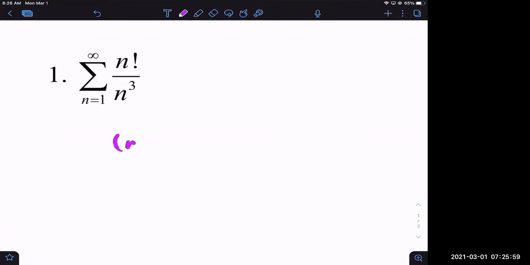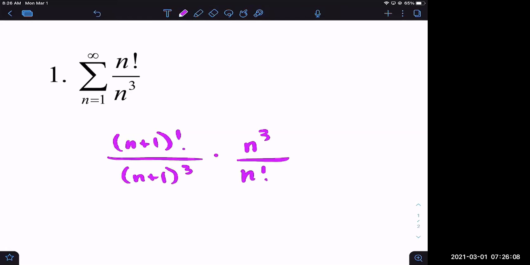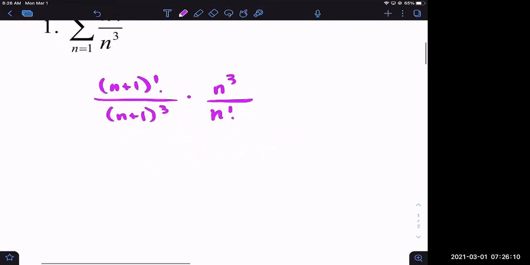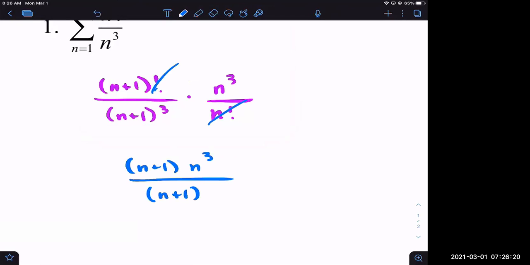So I would do the n plus 1 term over n plus 1 cubed times n cubed over n factorial. I would reduce the factorial, so the factorial and the n plus 1 go. So I'm left with an n plus 1 times n to the third over n plus 1 cubed.